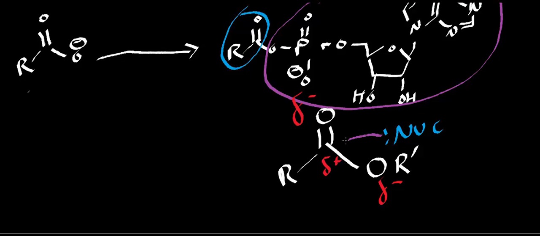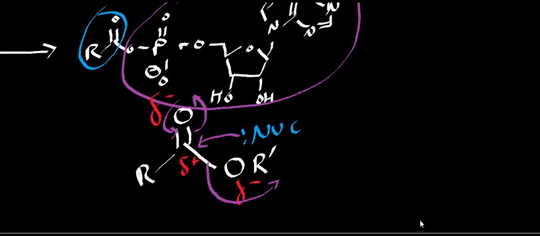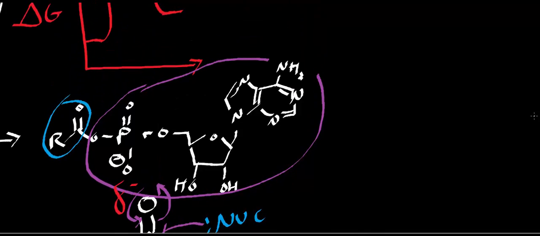So this lone pair is going to attack here. The pi bond kicks up. The pi bond reforms, and you kick off whatever group is right there. So, for instance, if I continue this reaction, and we'll just put a generic nucleophile, right? A generic nucleophile.